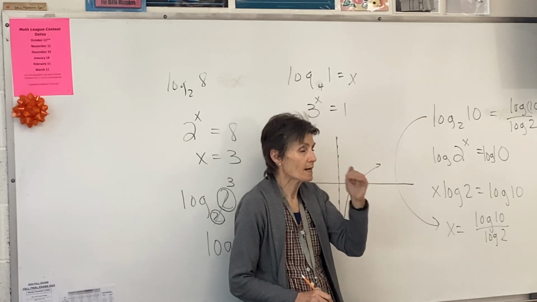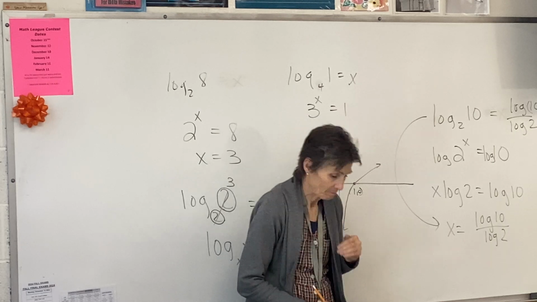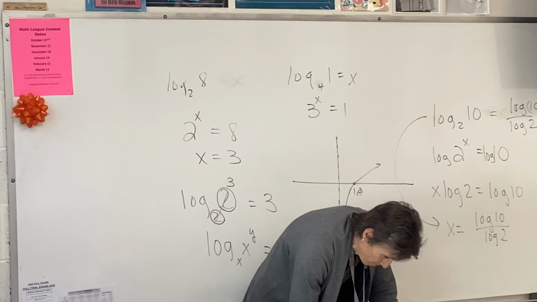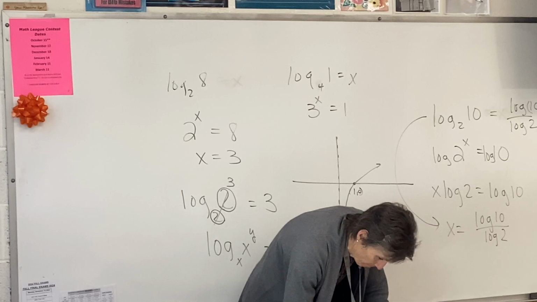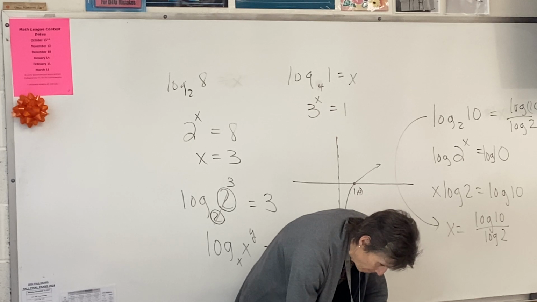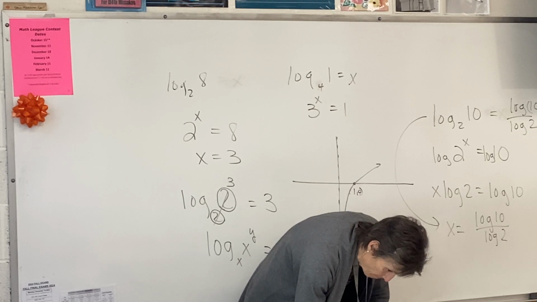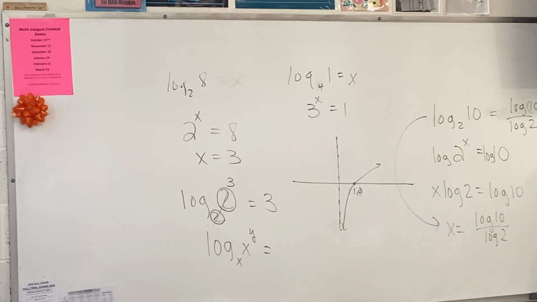$20 is the first horizontal line above the 10. Okay? Good.